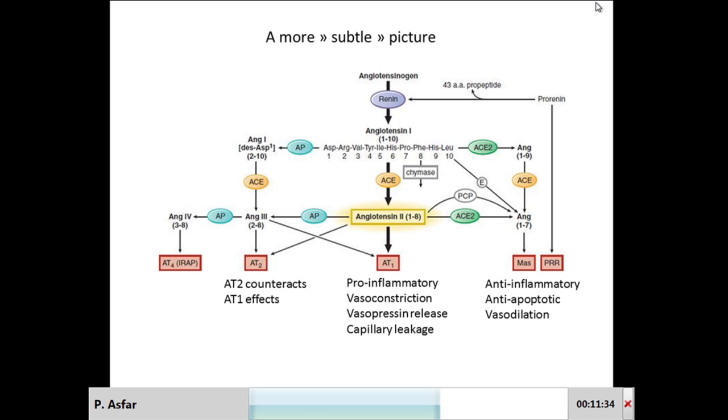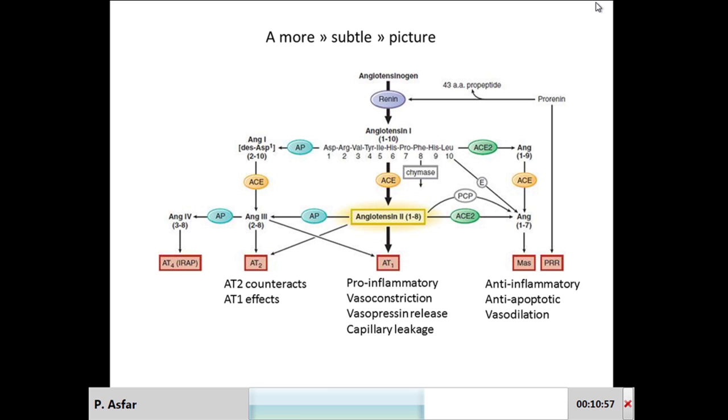The problem is that the renin-angiotensin system is much more complicated than we have learned. Indeed, we have the mainstream pathway, and that's what we have learned, but we have two kinds of receptors: angiotensin 1 receptors, which have very bad side effects for the lung, and angiotensin 2 receptors, which are activated by angiotensin II, but also angiotensin III, and they counteract the effects of angiotensin 1 receptors.